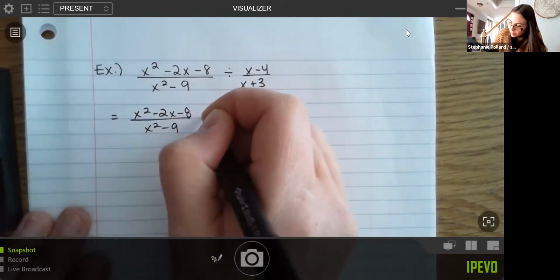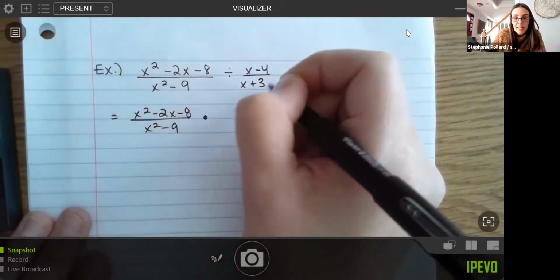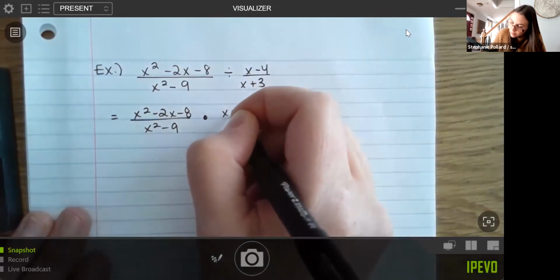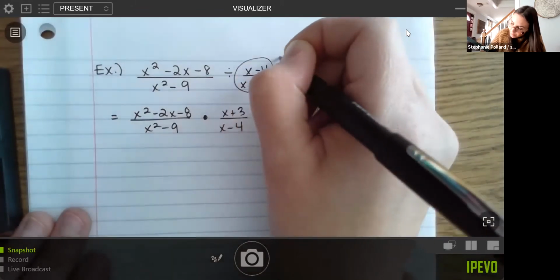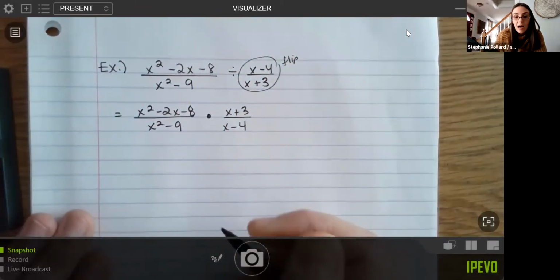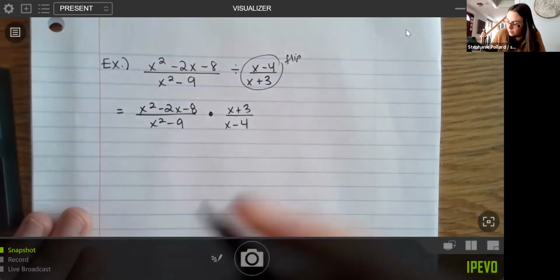We are going to change to multiplication, and we are going to flip our second fraction. So the x plus 3 goes up and the x minus 4 goes down. And now I would factor. So my next step is going to be to factor.